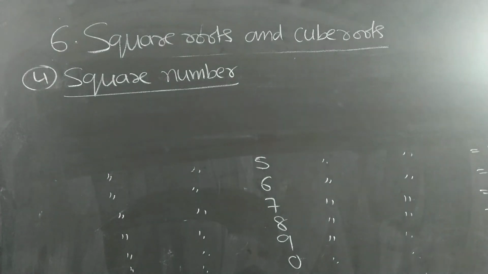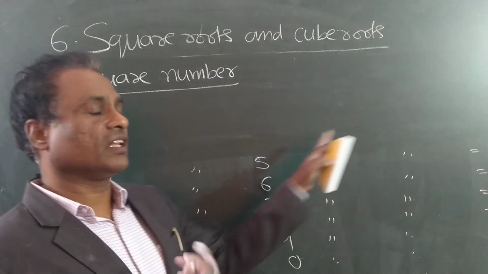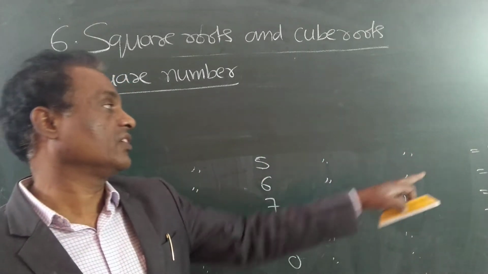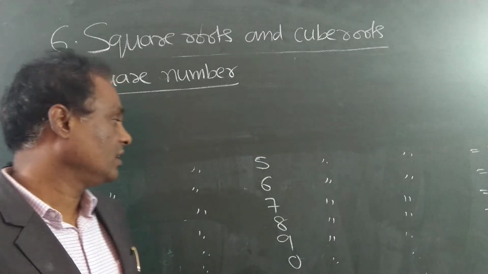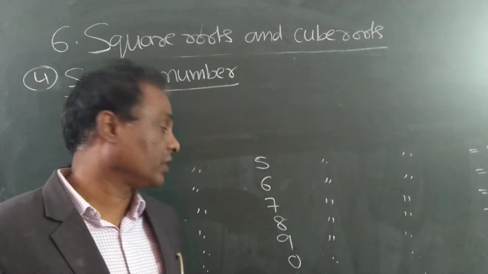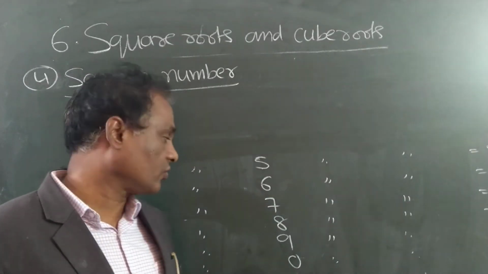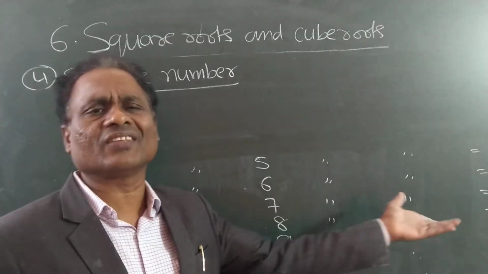Write down, students. Ending with 5, its square will end with 5. Ending with 6, square will end with 6. Ending with 7, square will end with 9. Ending with 8, square will end with 4. Ending with 9, square will end with 1. Last digit 0, its square's last digit is also 0.